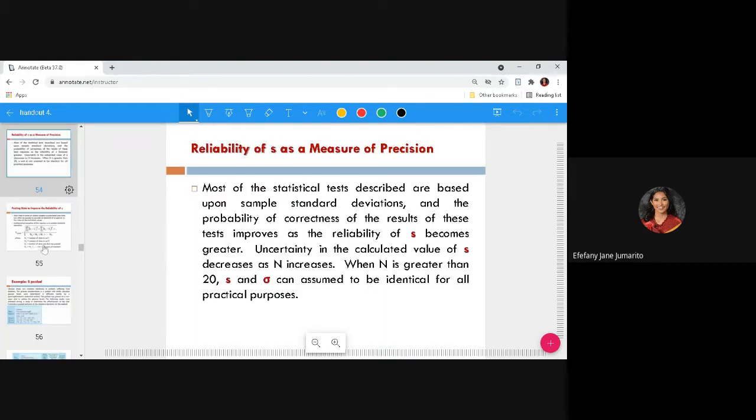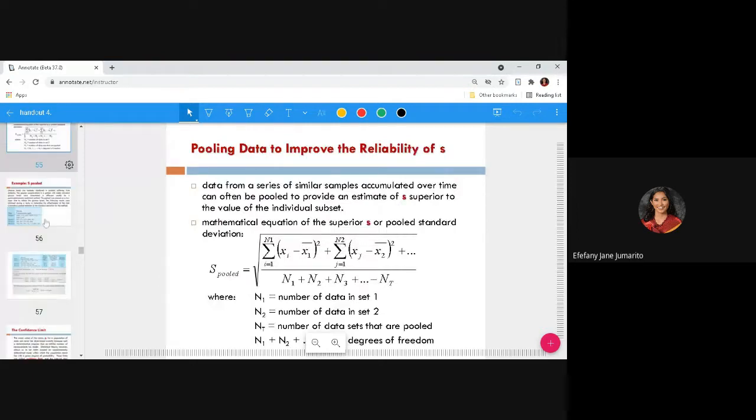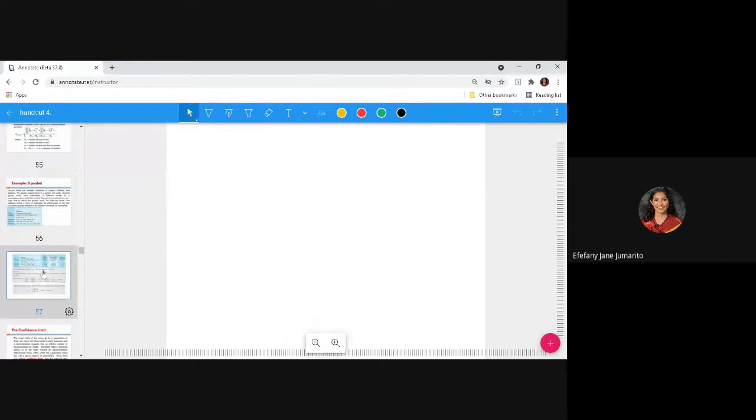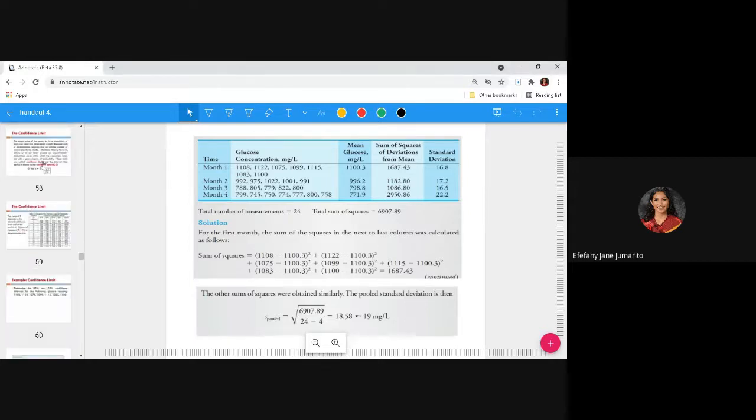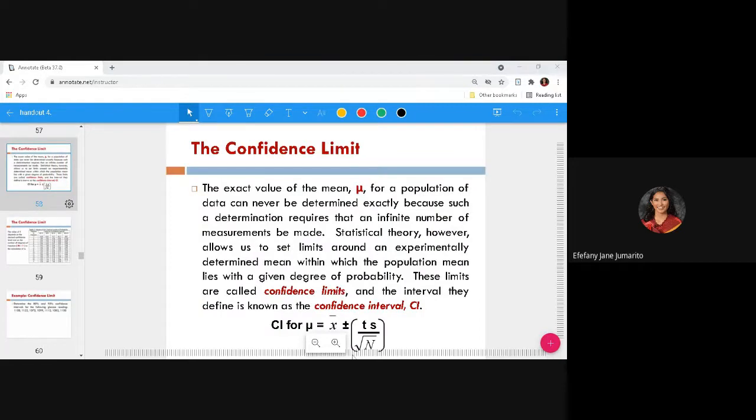Here na to, confidence limit as pulled. Here.